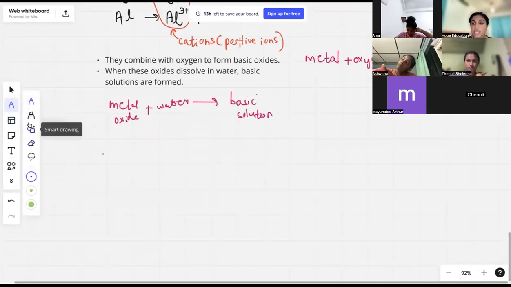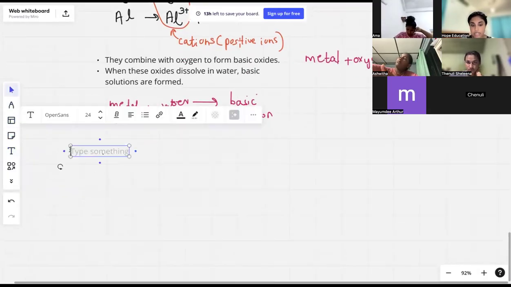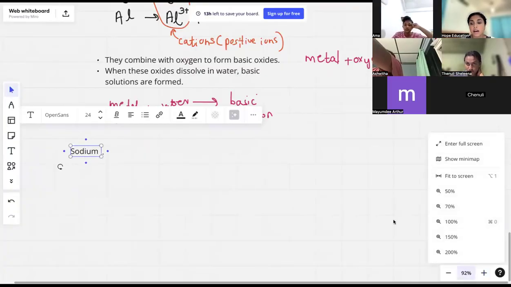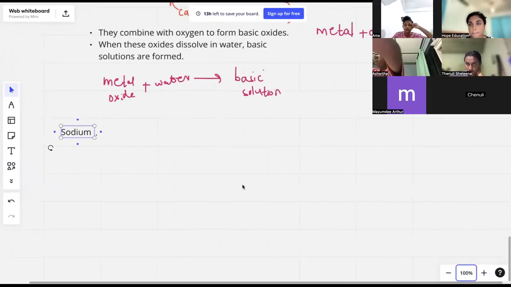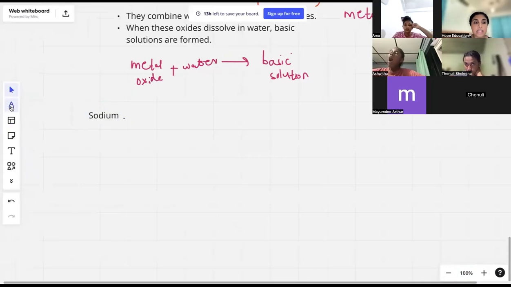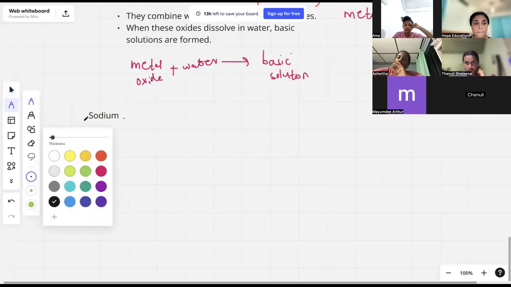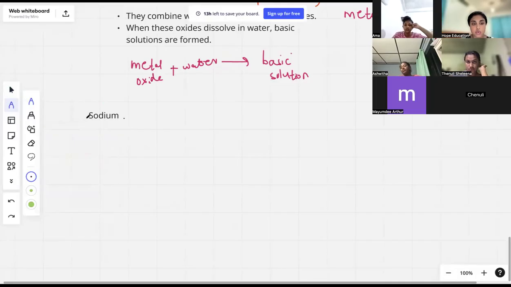So we are going to be talking about a few metals specifically, right? We are going to talk about sodium and magnesium as examples. So first we will be learning about sodium, right? Sodium has many interesting properties, right?